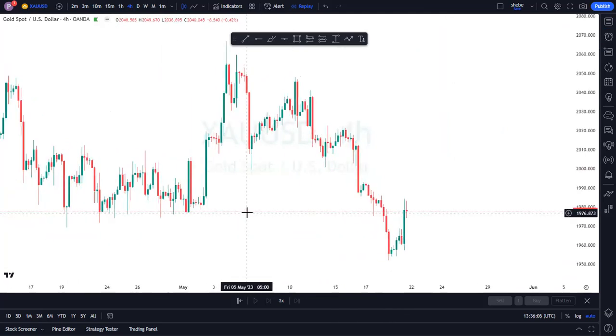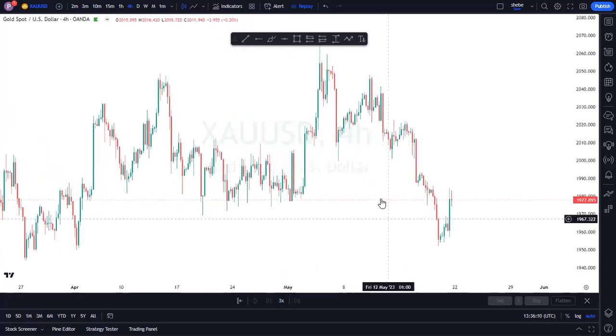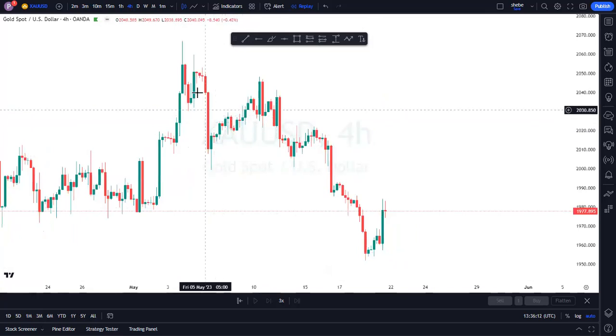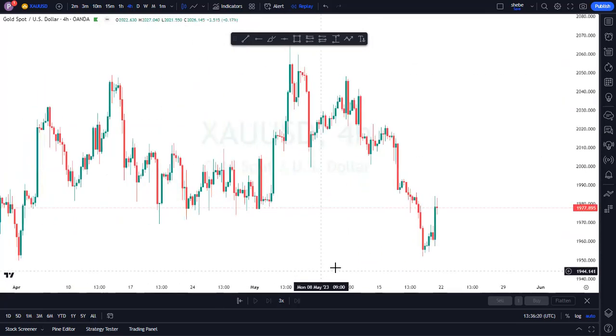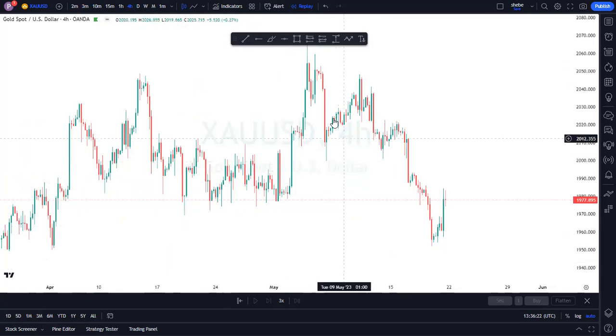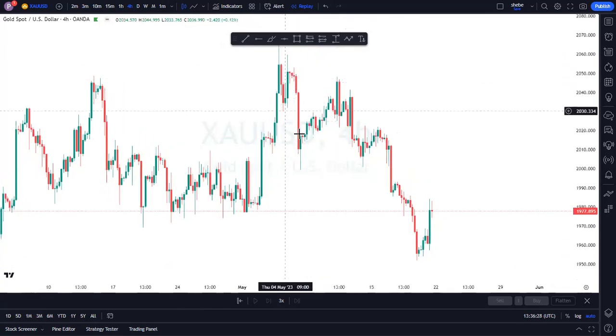Like you see, this pair has been bullish for a little while, for a couple of weeks. From this point here, it has just been bullish. It has been bearish for a couple of days. This was high, this was low, this was high, and it came to break here.